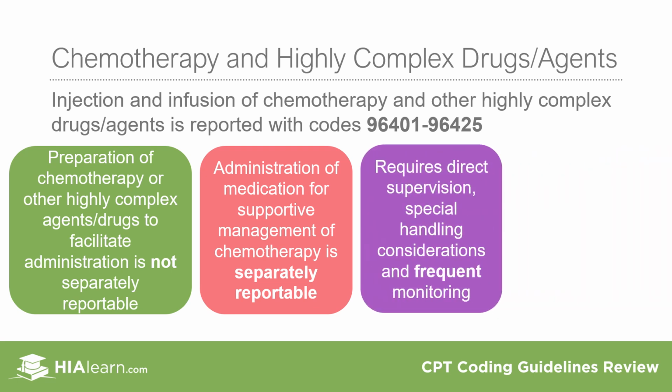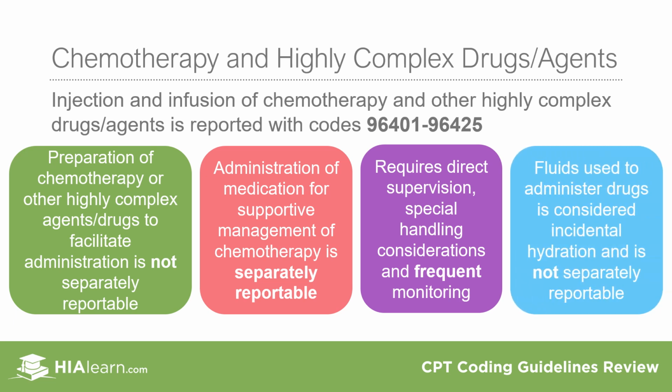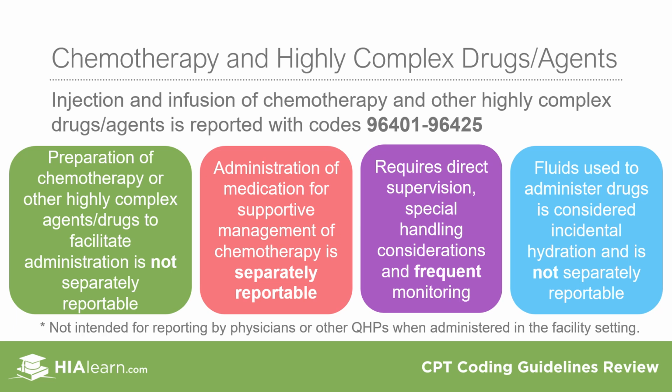Administration of these substances requires direct supervision, special handling considerations, and frequent monitoring of the patient. As with therapeutic, diagnostic, and prophylactic injections and infusions, fluids used to administer chemotherapy are considered incidental hydration and are not reported separately. Codes for chemotherapy services are not intended to be reported by physicians or other qualified healthcare professionals when administered in the facility setting.